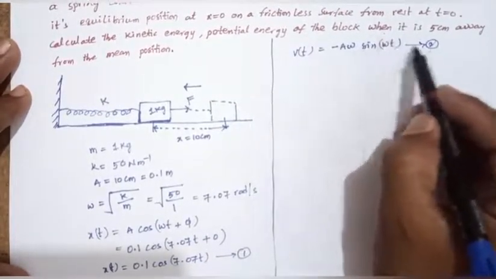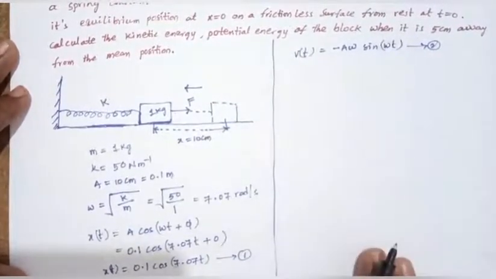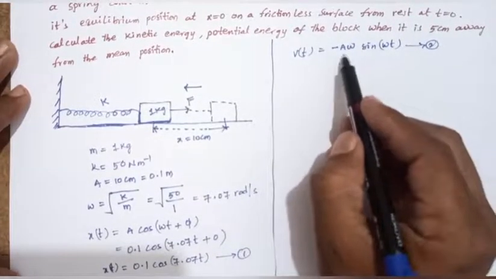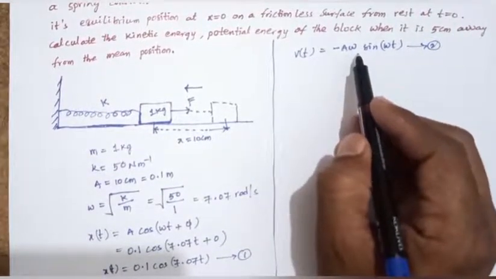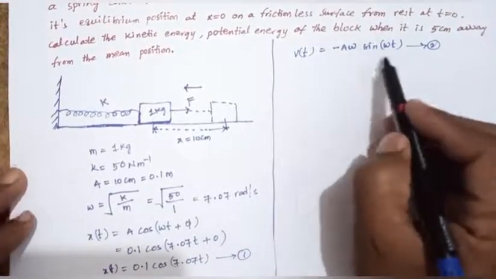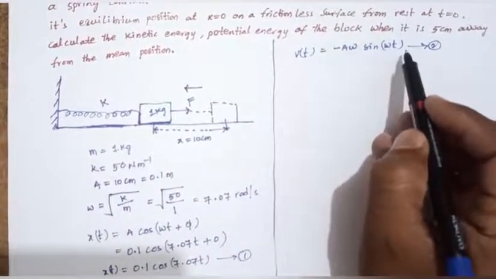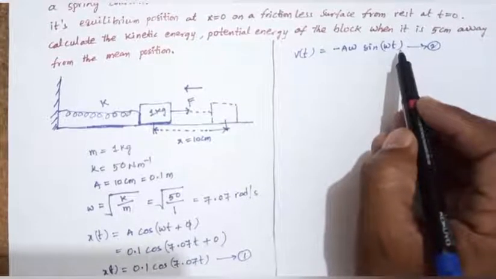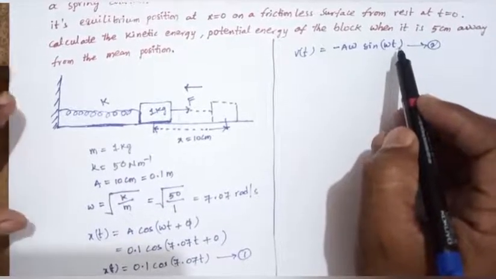First of all, we need to find sin(omega t). We know the amplitude, and omega, the angular frequency, equals 7.07. But we don't know the value of sin(omega t), since t is unknown.